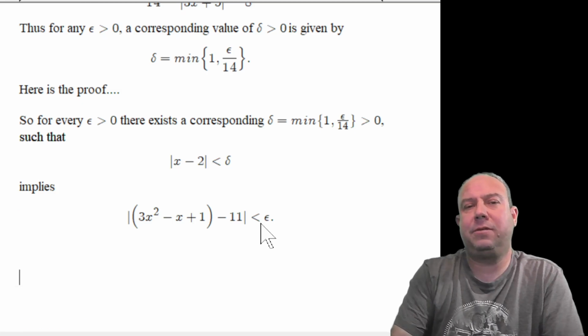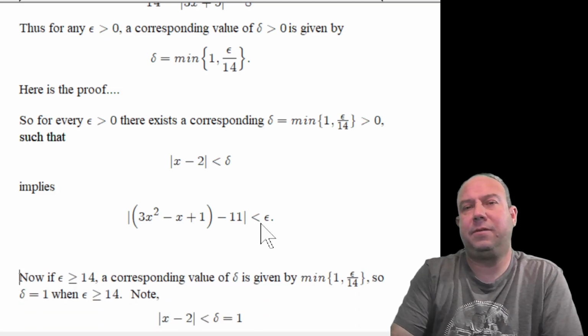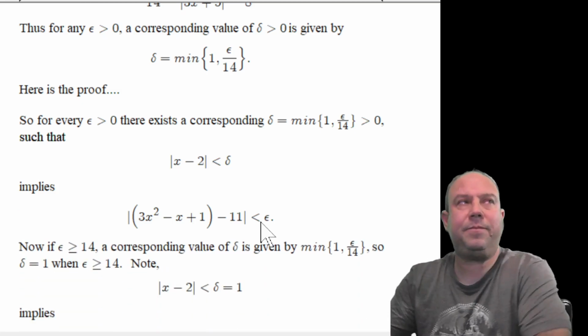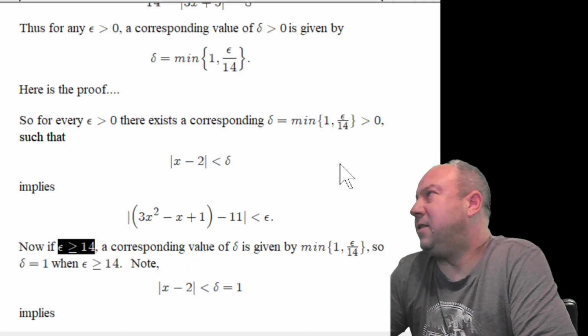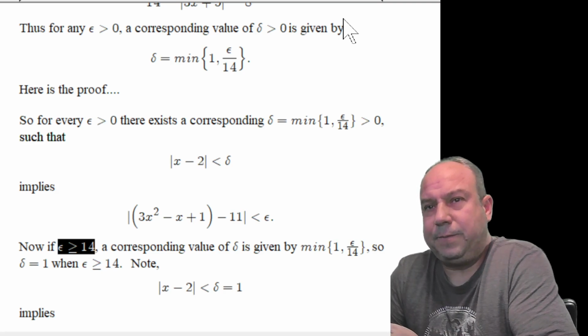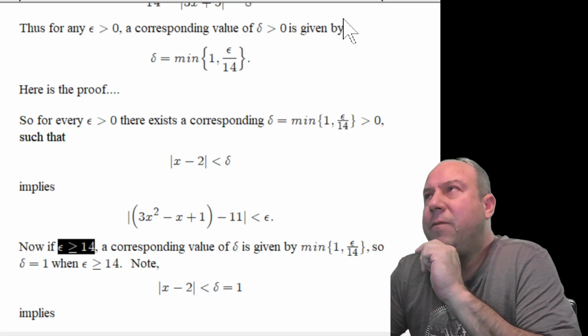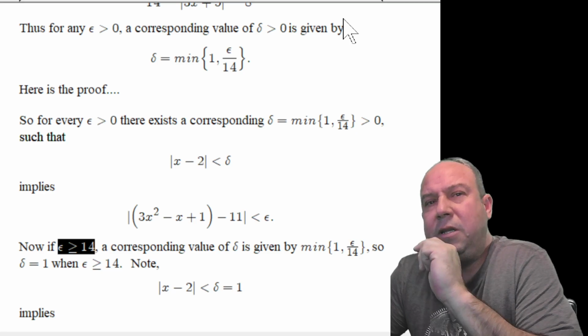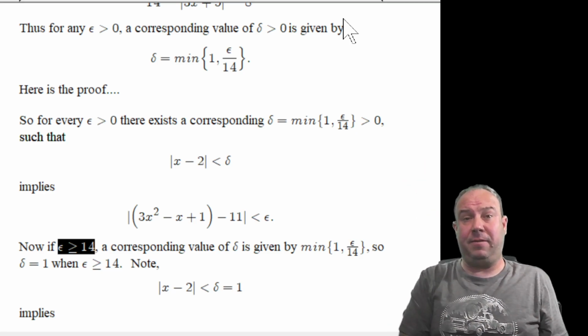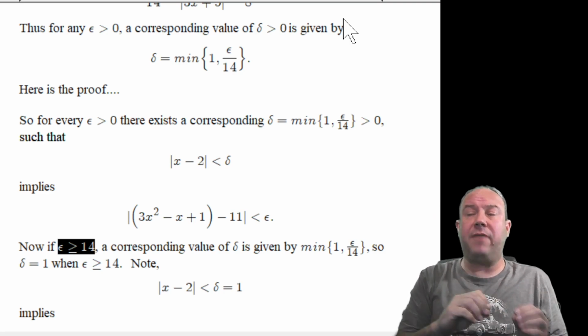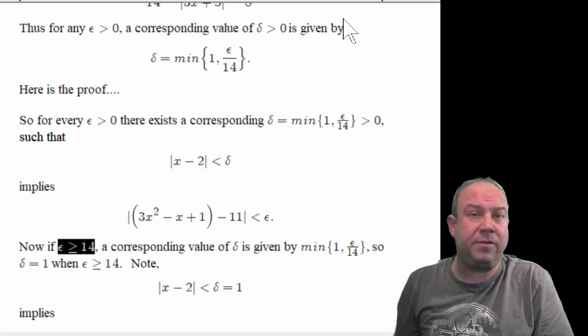Now here is where the proof divides itself into two parts. If we're given an extremely large value of epsilon, which is likely not going to happen, but we have to account for every possible epsilon greater than 0.